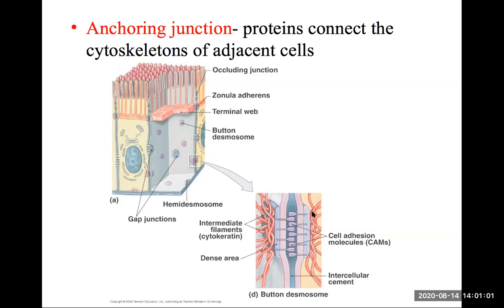If we look closely at an example of an anchoring junction, we can see that the connection is made including the cytoskeleton. So this would be kind of like, instead of just holding hands with somebody, your bones grow together, right? Think how strong that is. I couldn't push that apart easily if your bones grew into the bones of the person next to you, right? So that's really strong.